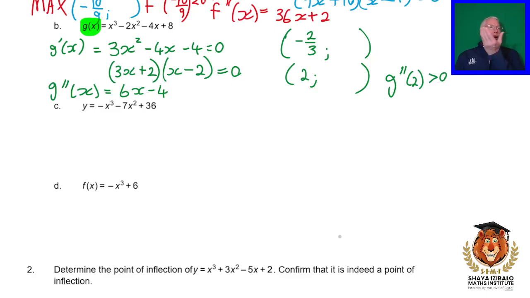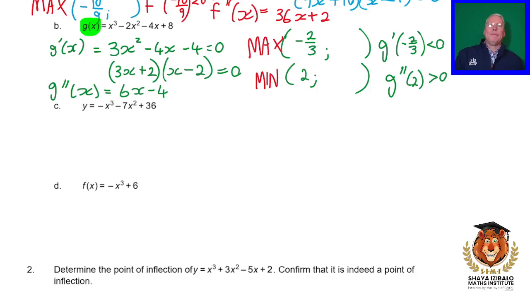Positive, the graph is concave up, which means that this is a minimum turning point. If I put negative 2/3 in here, I actually get a negative answer. So g double dash, the second derivative at negative 2/3, is negative. All right, and therefore we're dealing with a maximum.